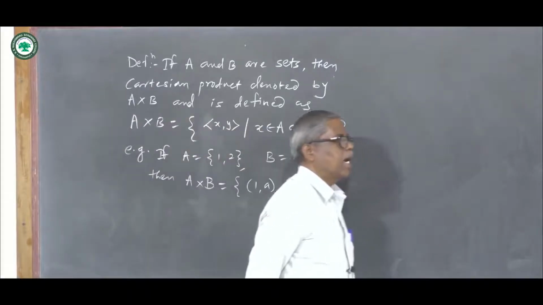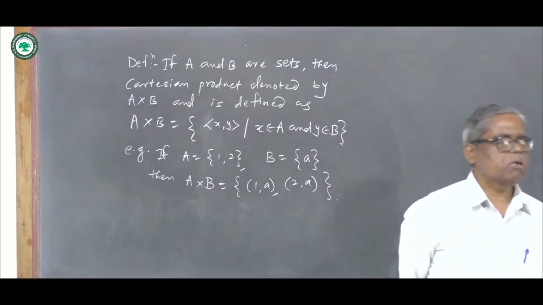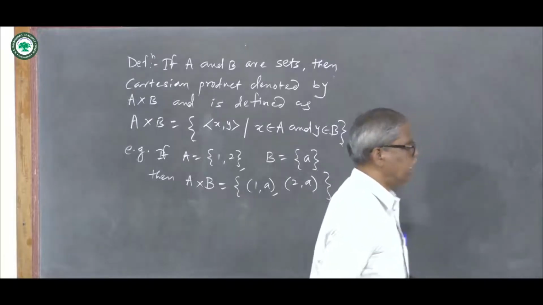This is the Cartesian product A cross B.